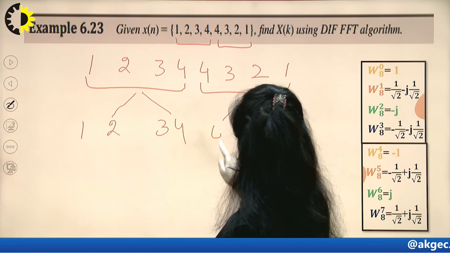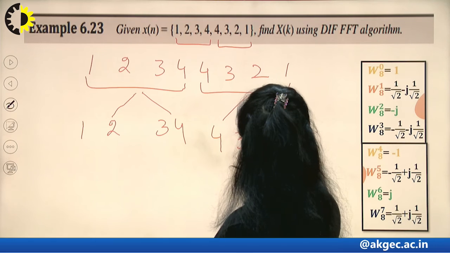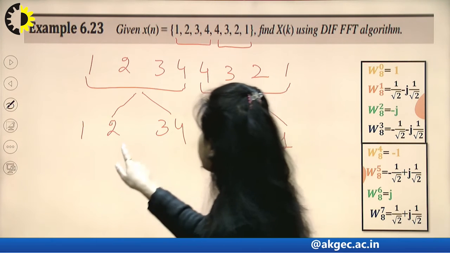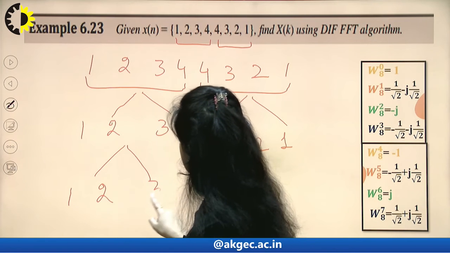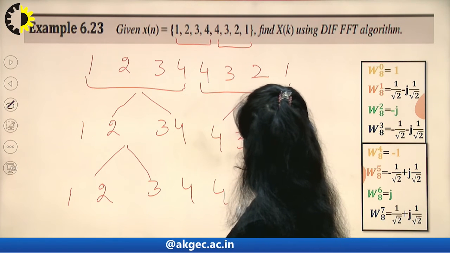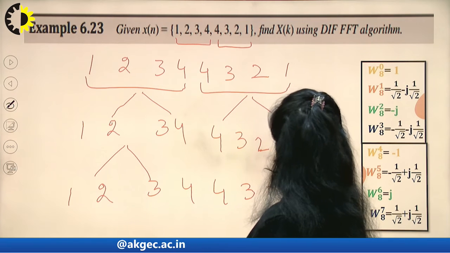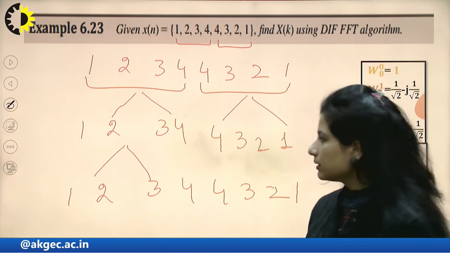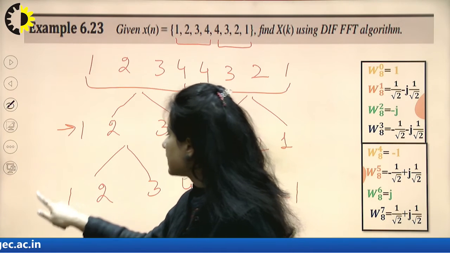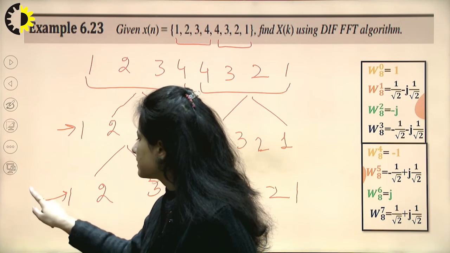Similarly here, this is 4, 3 and this is 2 and 1. And finally, what am I getting as first half and second half? 1, 2, 3, 4 and 4, 3, 2, 1. So what do I see? If I keep on dividing the sequence into first half and second half, there is no difference in the input samples from the x[n] side.